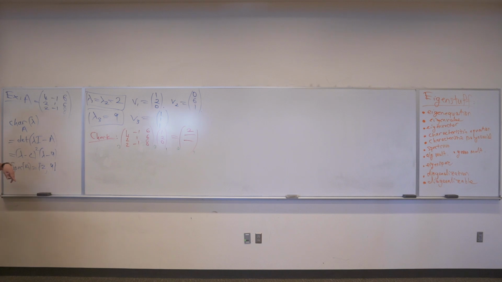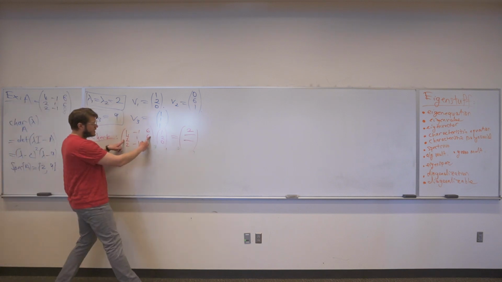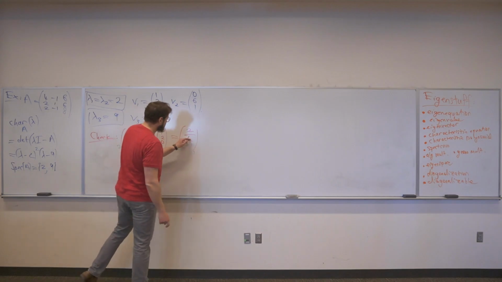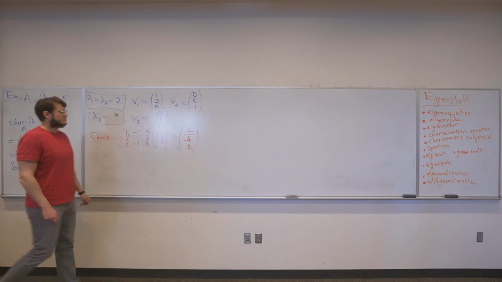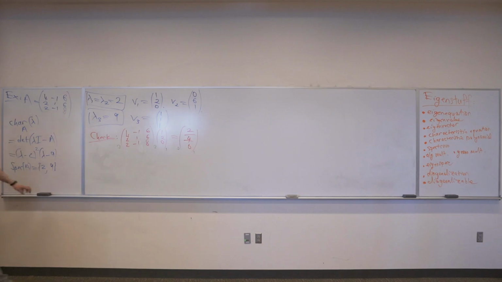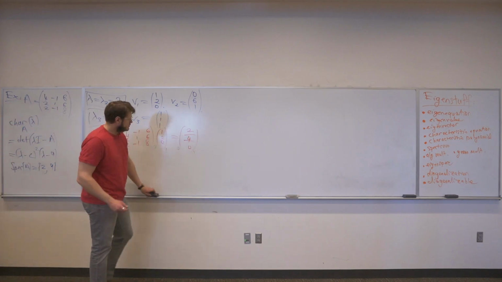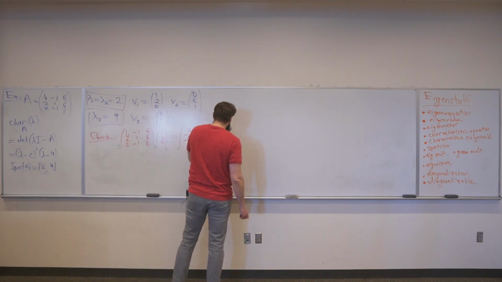For the second entry of the output, now I'm going to dot this with this. 2 times 1 is 2, plus 1 times 2 is 2, so that's a 4. And of course, this is 0, which means I'm going to get back 0. So you see, this is exactly 2 times 1, 2, 0.